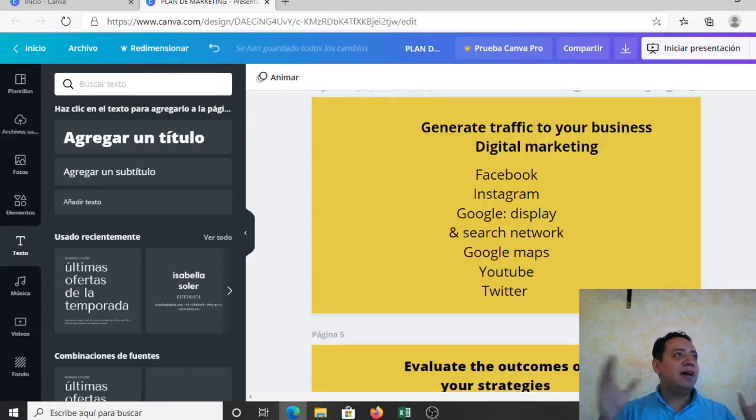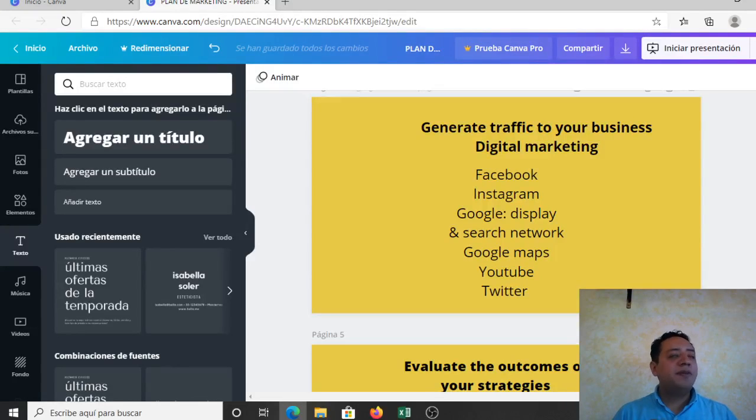In Google Ads you have a wide variety of products: display and search network, YouTube advertisements, probably Shopify and other ideas, and also Google Maps or Waze or every other strategy that Google has. Probably you can do some ads on Twitter, or nowadays TikTok.